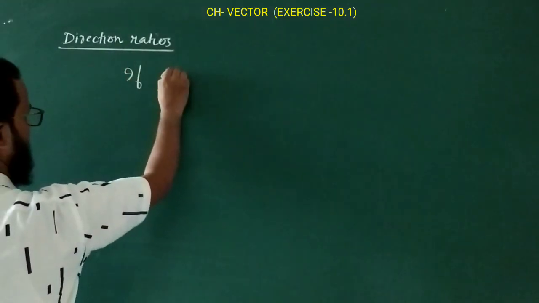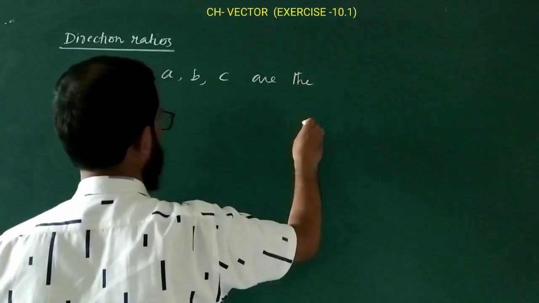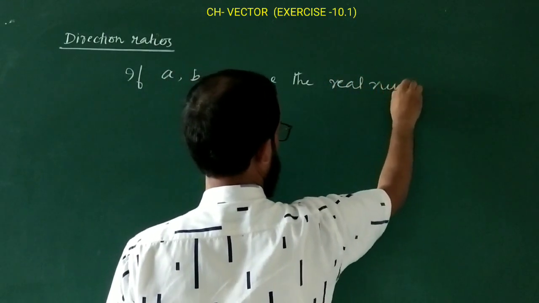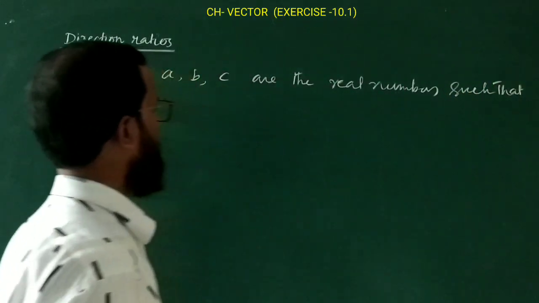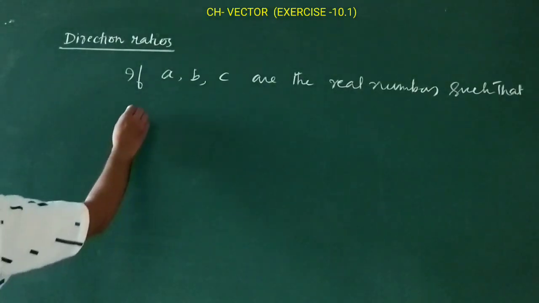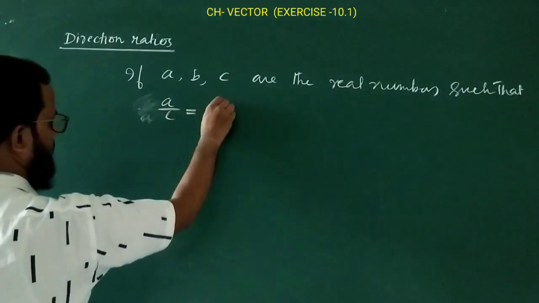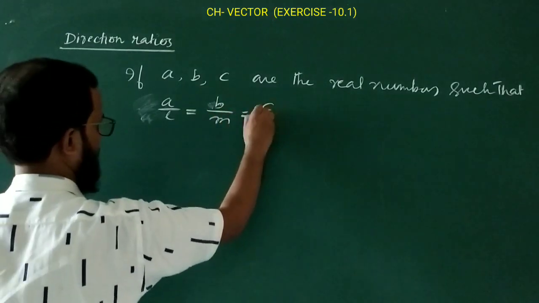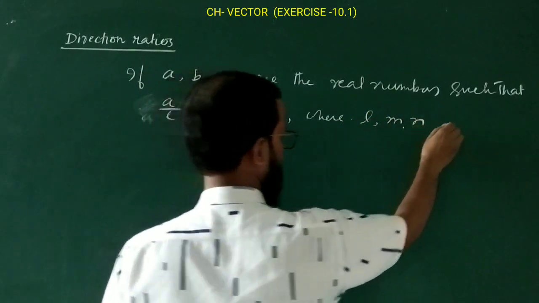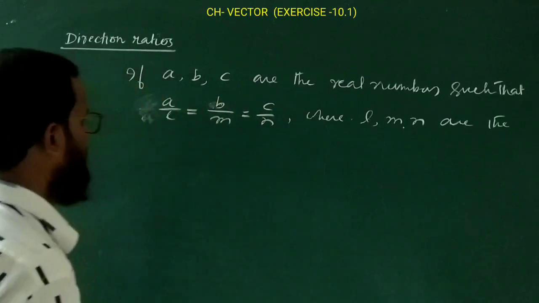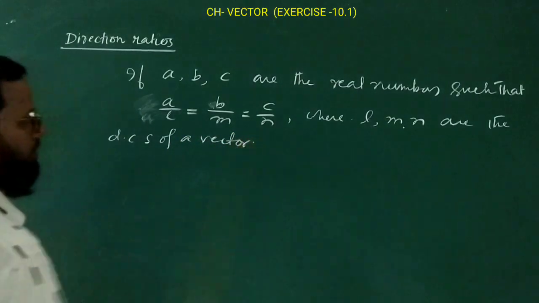Suppose a, b, c are real numbers such that l by a, or you can say a by l, equal to b by m equal to c by n, where l, m, n are the direction cosines of a vector.